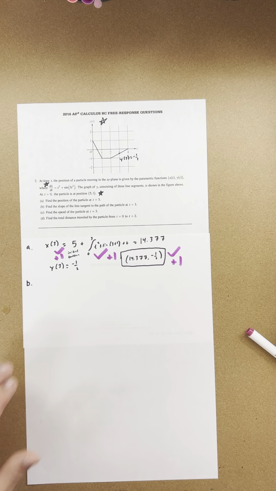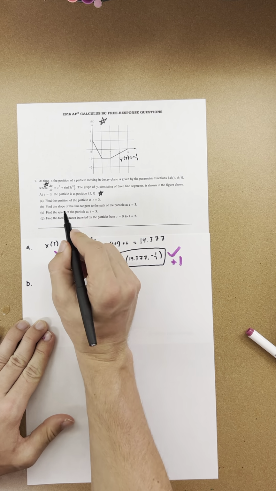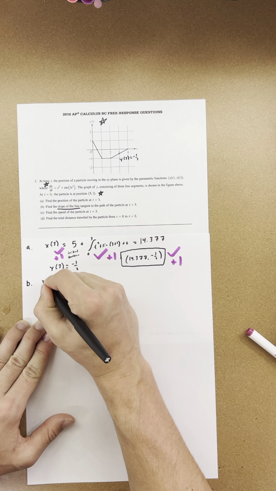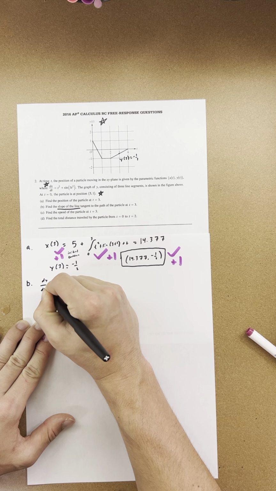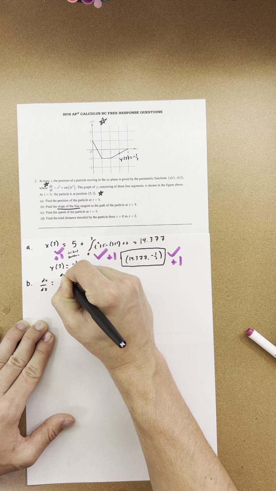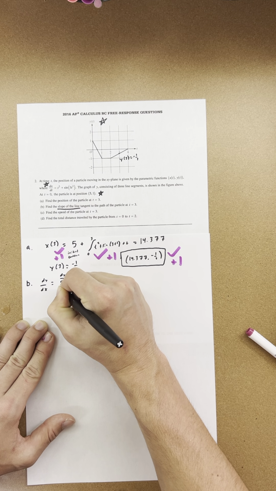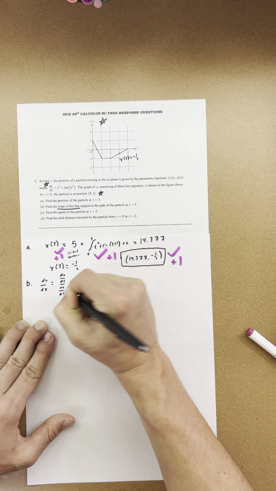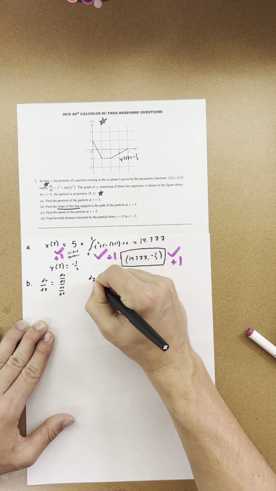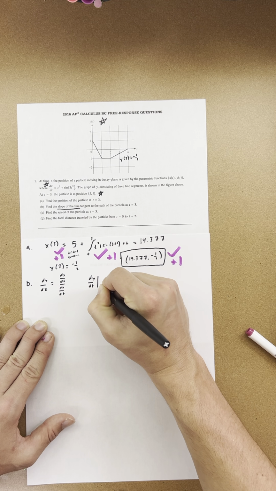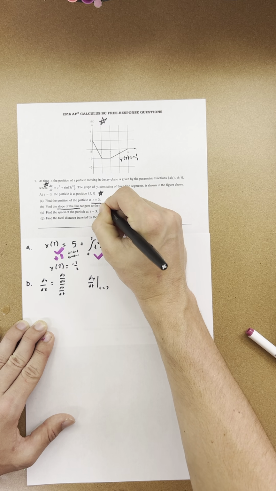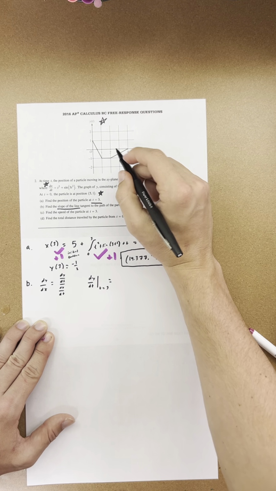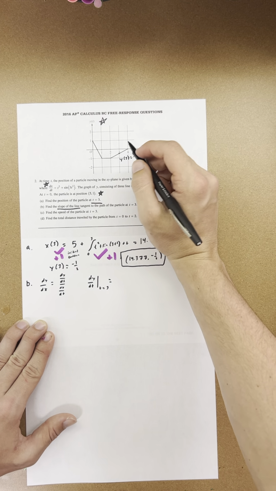Moving on, B. Find the slope of the line tangent to the path of the particle at t equals 3. So right away, slope of the line, dy/dx, and we have to recognize that the formula for that is dy/dt over dx/dt. So let's find both of those. dy/dt at t equals 3. We're going to use the slope of the position graph.